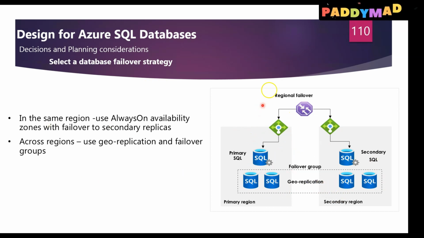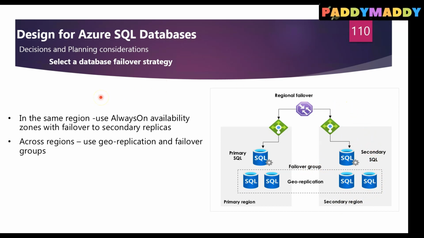In the given situation, the primary region, which has the primary SQL server, can be utilized with geo-replication to a secondary region, and this replication can happen automatically. You could also use your load balancer, all of that stuff, to communicate the region of failover at the top level, so that if something goes wrong in the primary region, the secondary region will automatically fail over and work for you.